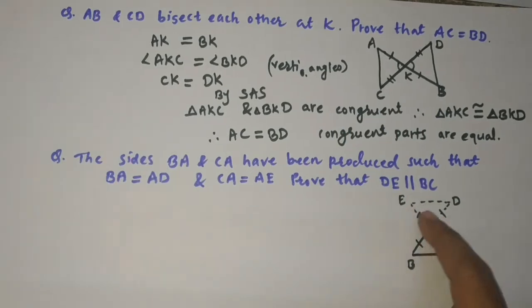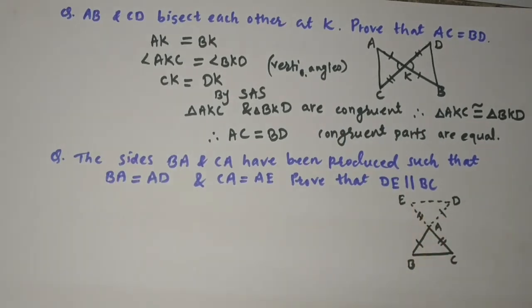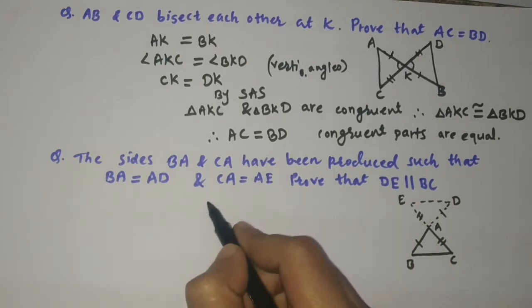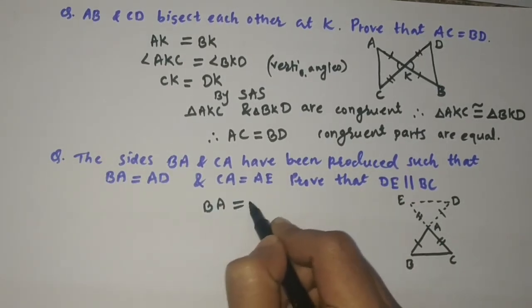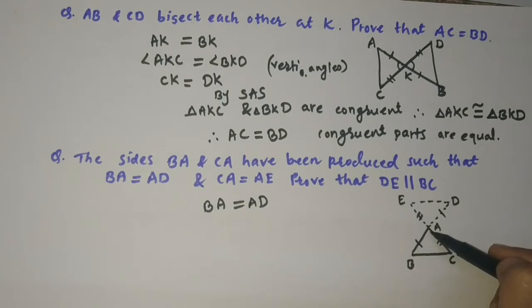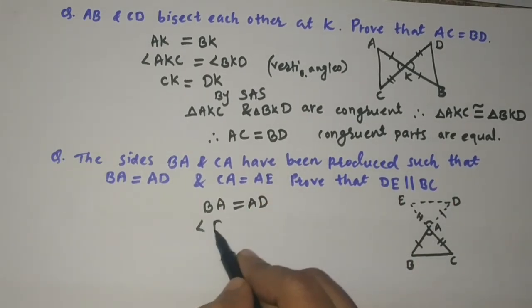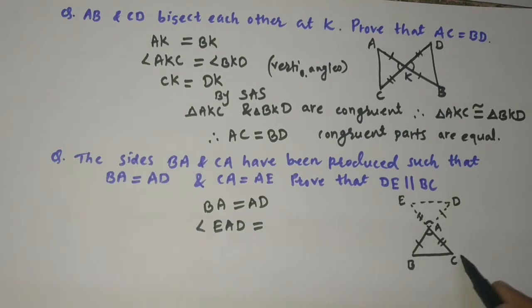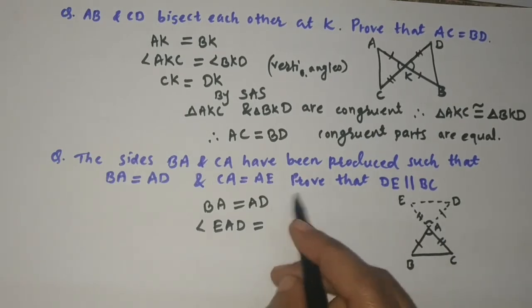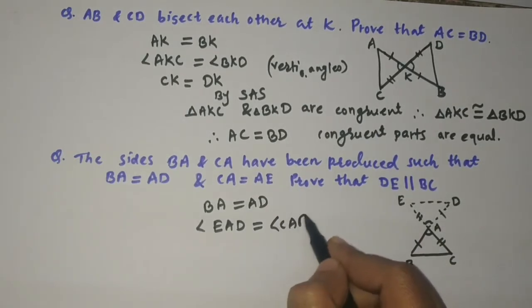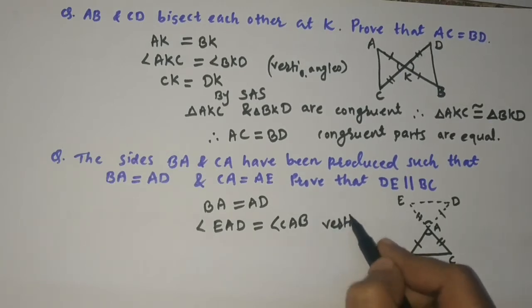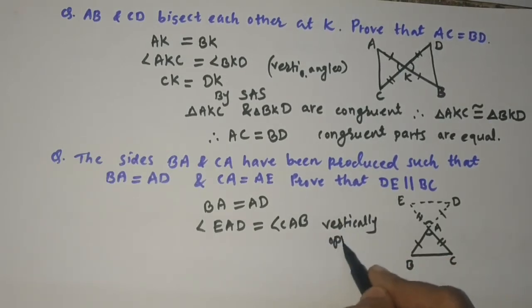So here first of all we'll prove these two triangles are congruent. I can write down the given data: BA is equal to AD. This is given. Again, if you see carefully, these two are vertically opposite angles at A. So I can write angle EAD is equal to angle CAB. Reason: vertically opposite angles.